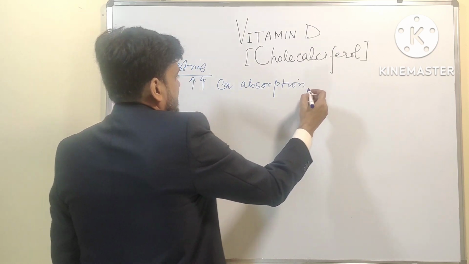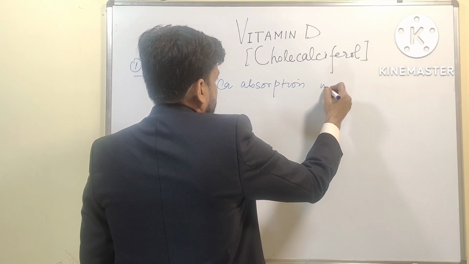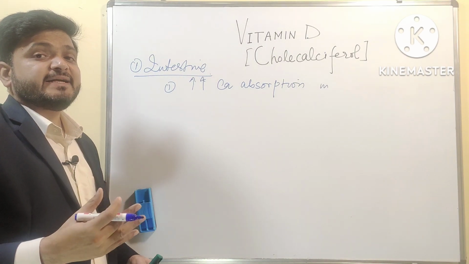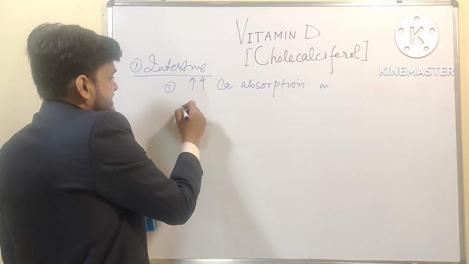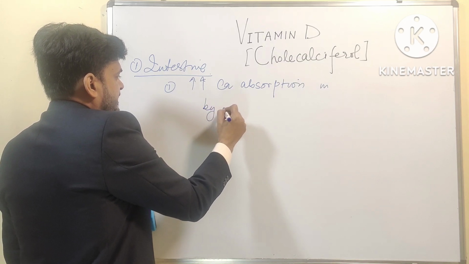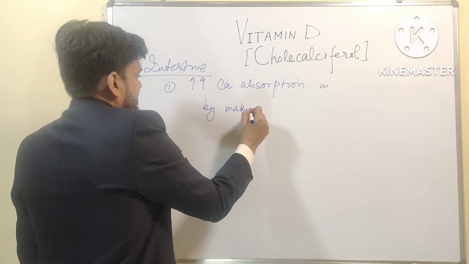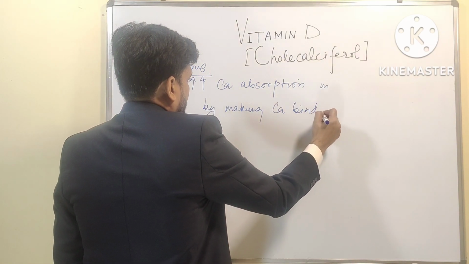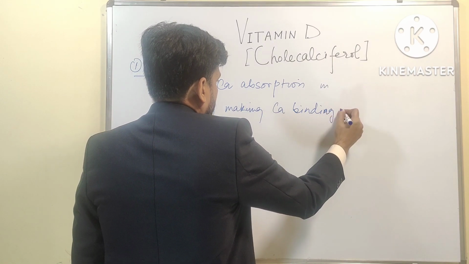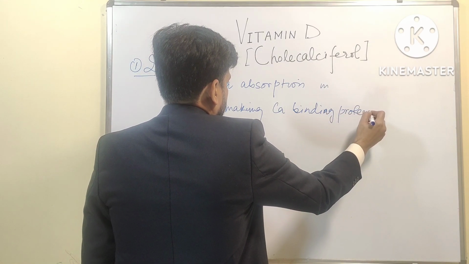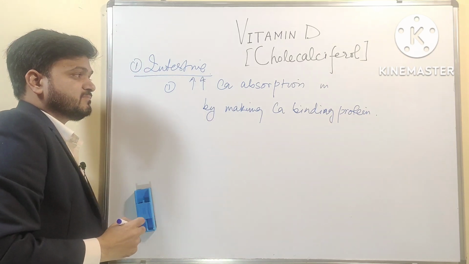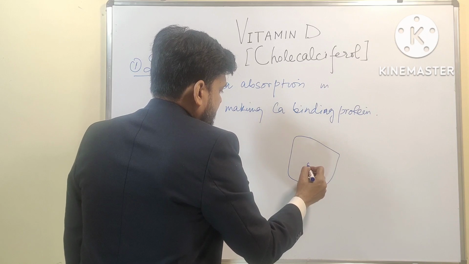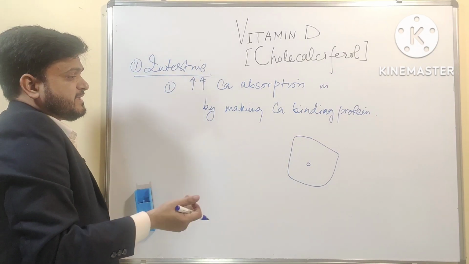It increases the calcium absorption, right? How? By making more and more calcium binding protein. How does it do this? By making or synthesizing calcium binding protein. To understand this, let's take a very small example. For example, this is an intestinal epithelium.